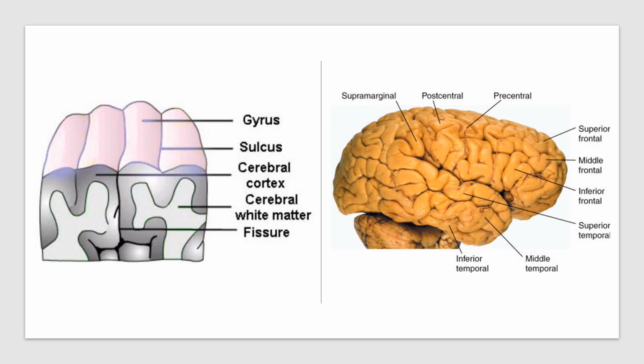These convolutions are termed gyri, and the fissures are termed sulci. In the human brain, the total surface area of the cerebral hemisphere is about 200 centimeters square, but approximately 2/3 of this is hidden from the surface view within the walls of the sulci.